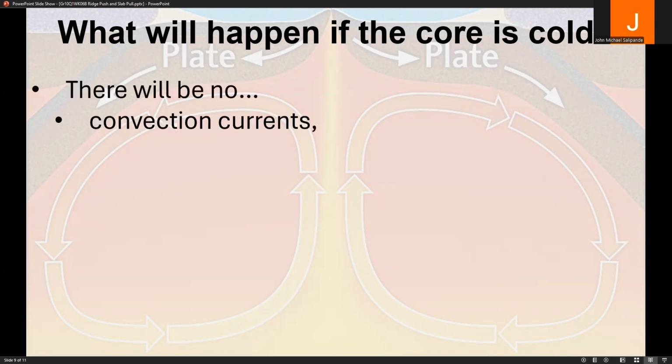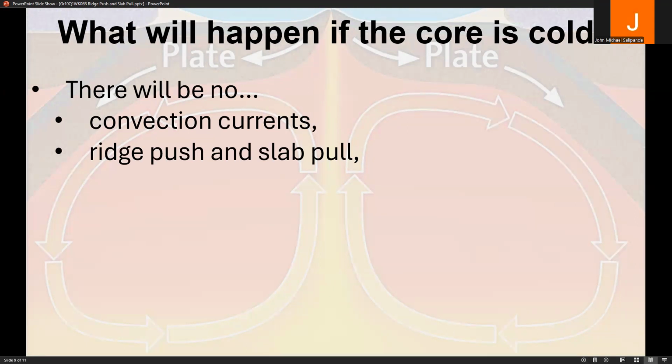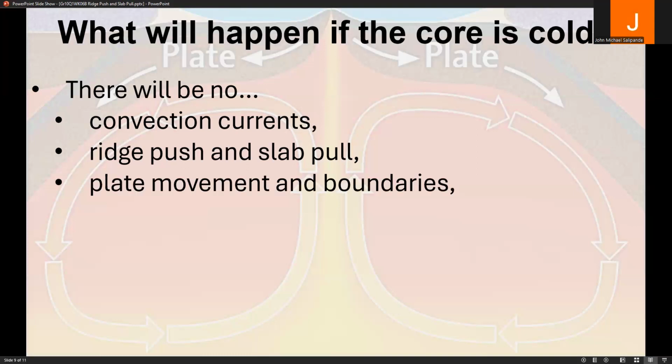There will be no convection currents anymore because the rising and sinking of magma only happen when the core is hot. If there are no convection currents, probably there will be no ridge push and slab pull anymore. And if there's no ridge push and slab pull, there will be no plate movement and boundaries as well.